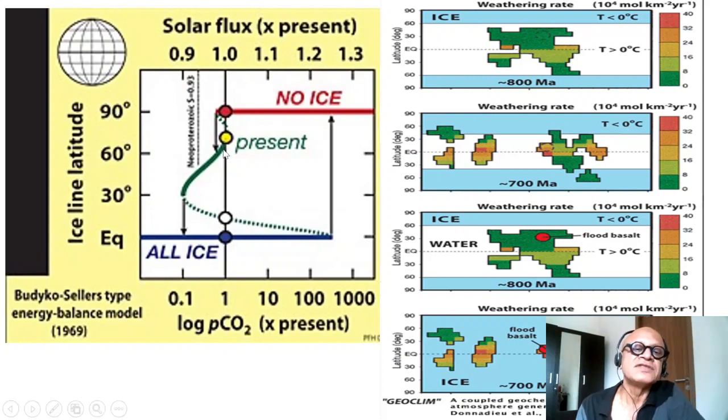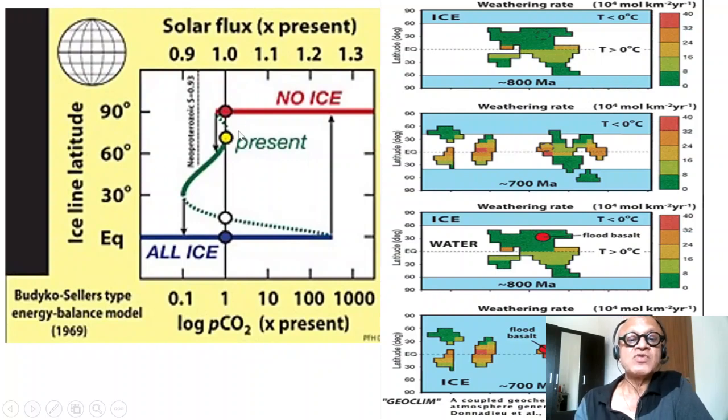But if you get into an unstable situation like it happened in the Neoproterozoic, especially if the solar flux was lower, as it was at that time, and CO2 was a lot lower, then you can bring the ice line down. And the idea is that once you hit a certain latitude, like 30 degrees latitude in both hemispheres, then the runaway cooling can happen and you can reach the ice level all the way down to the equator.